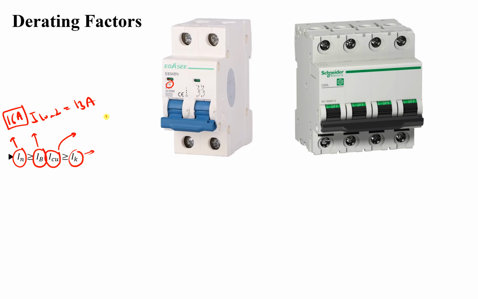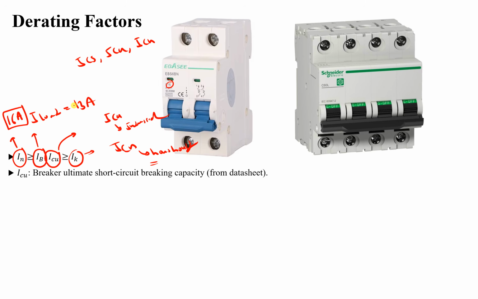We say ICU for industrial breakers, and ICN, the rated breaking capacity, for household breakers, as we talked about the difference between ICS, ICU and ICN in a previous video. So this is the breaker's ultimate short circuit breaking capacity, obtained from the data sheet, and this is the maximum prospective short circuit at the installation point.